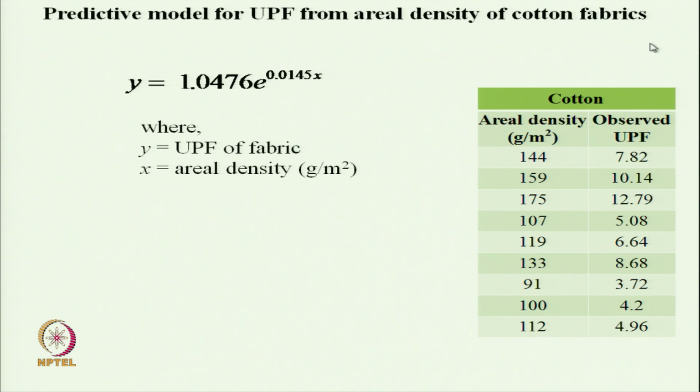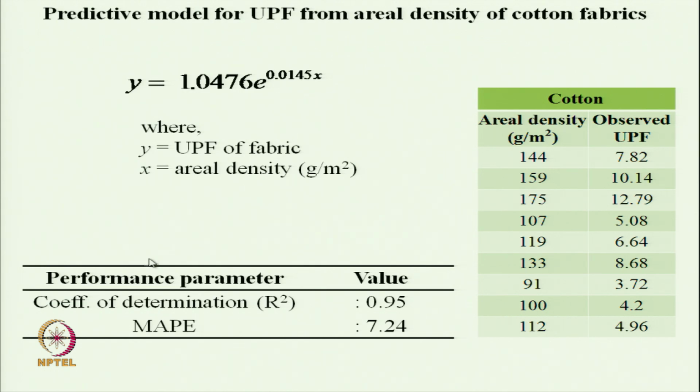For the cotton areal density model, it comes out to be y equal to 1.0476 e to the power 0.0145 x, where x is the areal density of cotton fabric, and here the error percent is 7.24. That is the error.